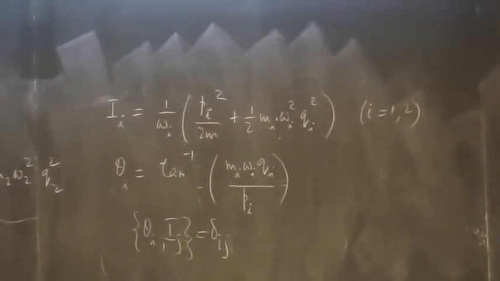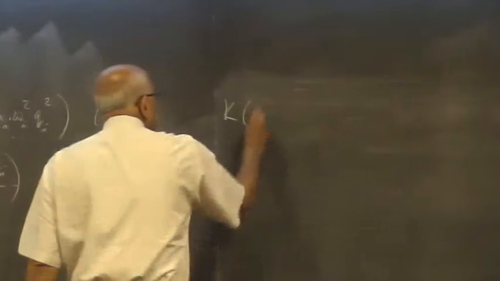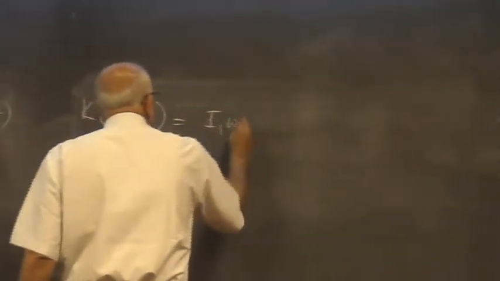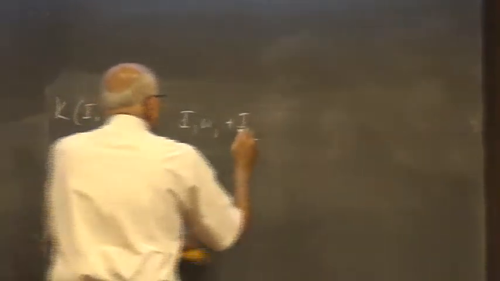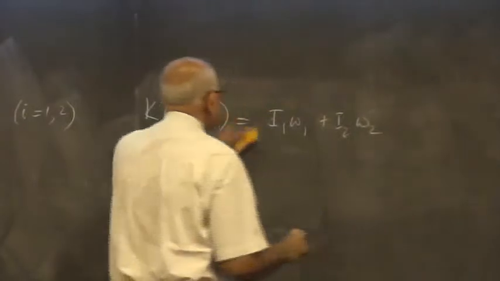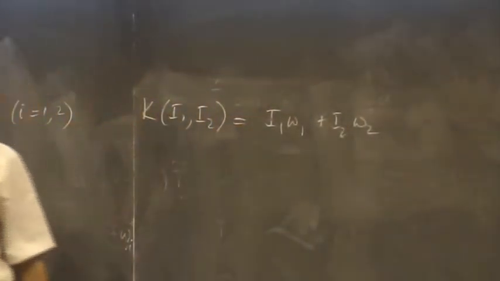It's clear that since it's all time independent, the new Hamiltonian K is the old Hamiltonian in which the variables, little q's and p's, are expressed in terms of the I's and θ's. There's nothing else to it. Therefore, K of I1, I2 is equal to I1 omega 1 plus I2 omega 2. Well, that's easy to verify.